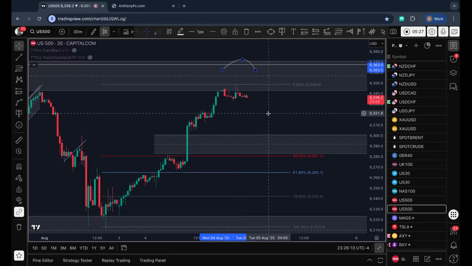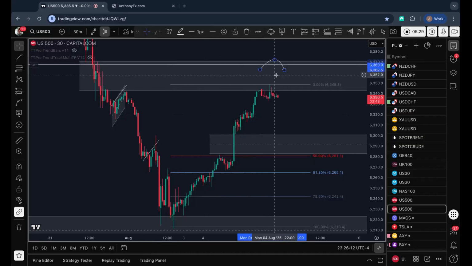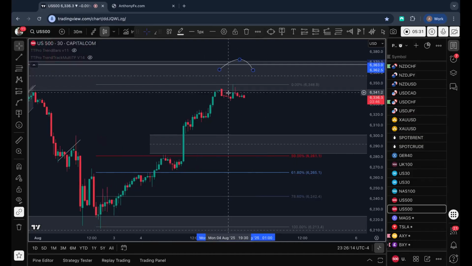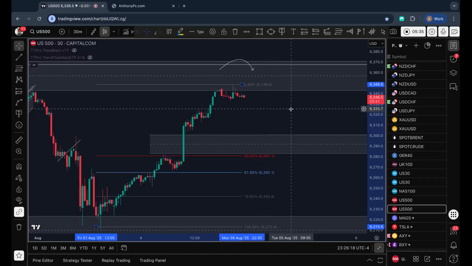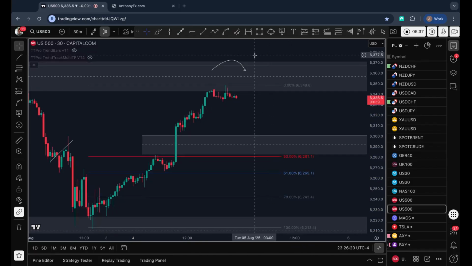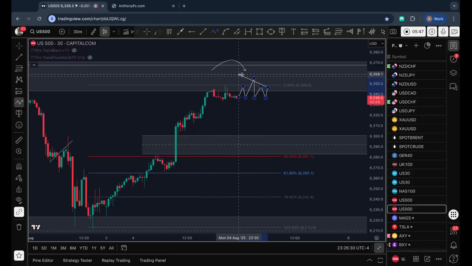Given that it's trading into this imbalance, I don't want to see price break through the imbalance. What I do want to see is price do whatever it does. Maybe it trades up a little bit more, I don't know. But I want to see it hold within this range and then break structure bearish.